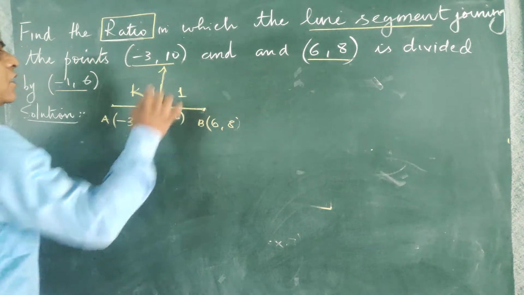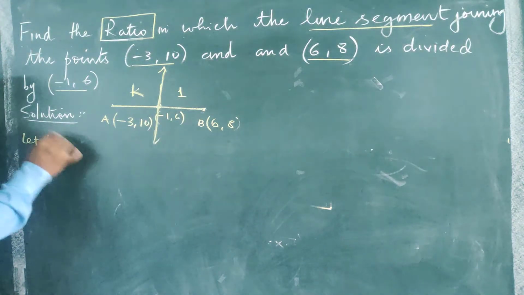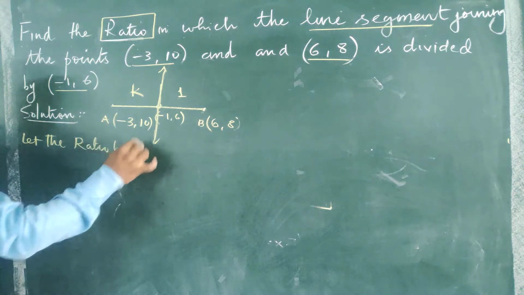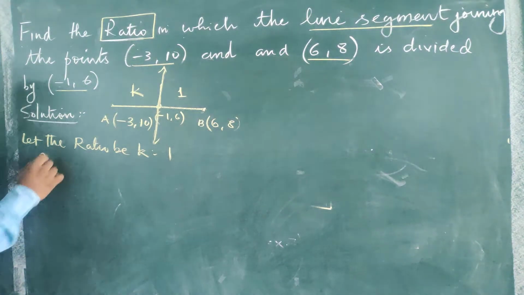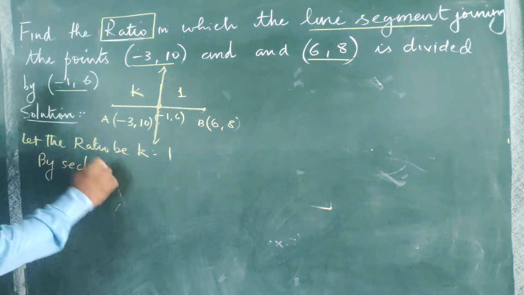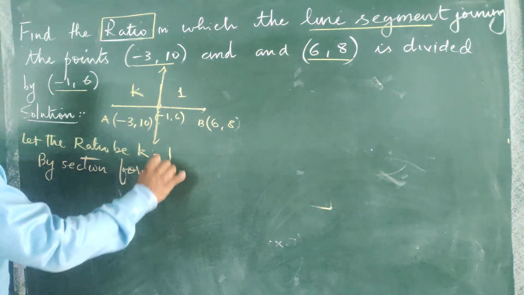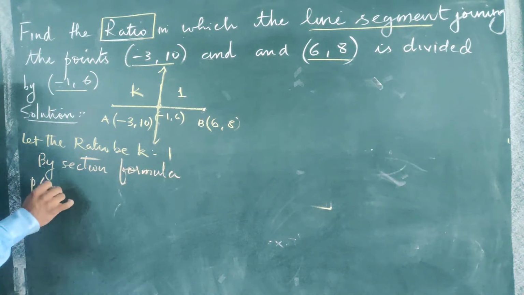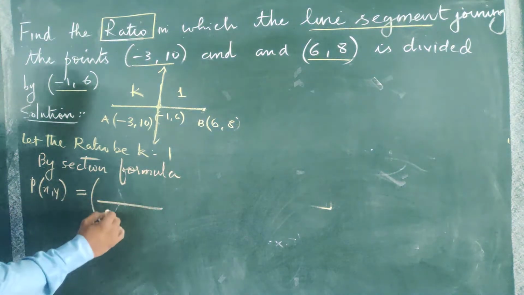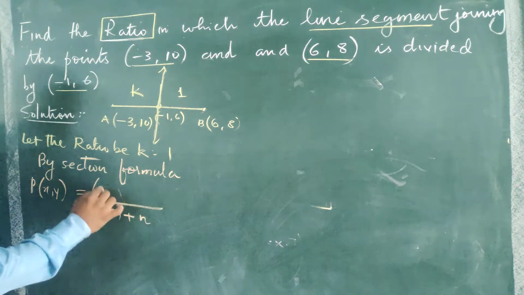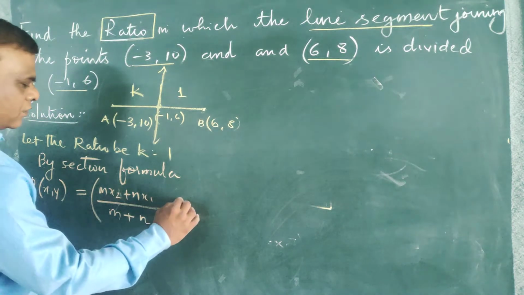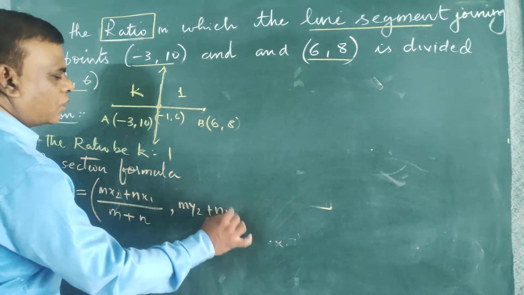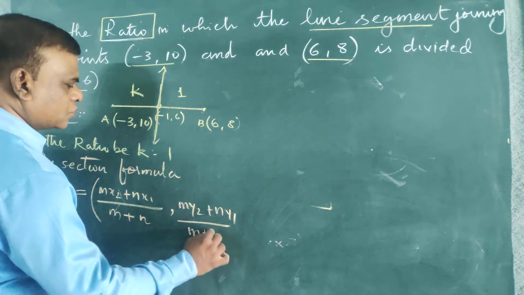Therefore by section formula, P(x, y) must be equal to ((mx2 + nx1)/(m + n), (my2 + ny1)/(m + n)).